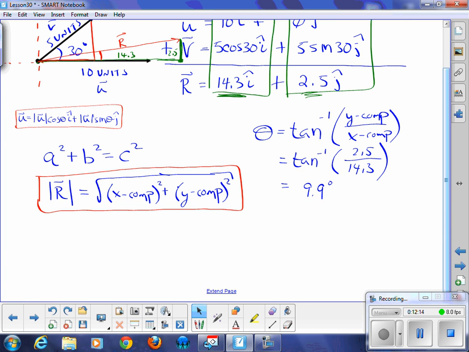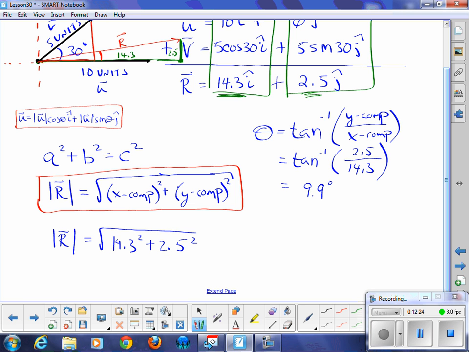So if I use the formula then, magnitude of my resultant will equal the square root of 14.3 squared plus 2.5 squared. Calculating that out, so 14.3 squared plus 2.5 squared, square root. I get 14.5 units.